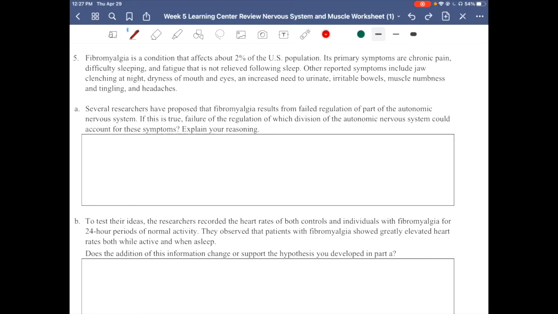Because we can see that there's difficulty sleeping, there's fatigue, irritable bowel, increased urination, and things like that would happen if there's a hyperactivity of the parasympathetic nervous system.